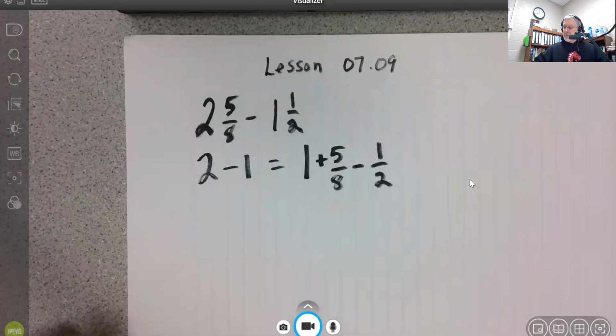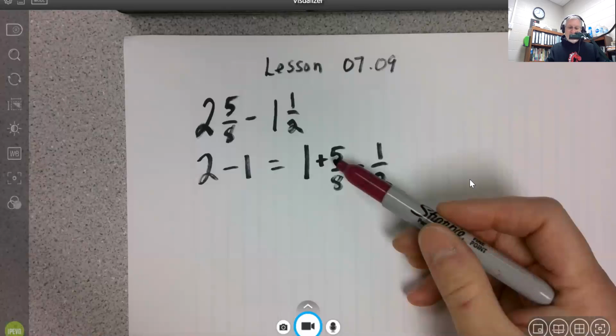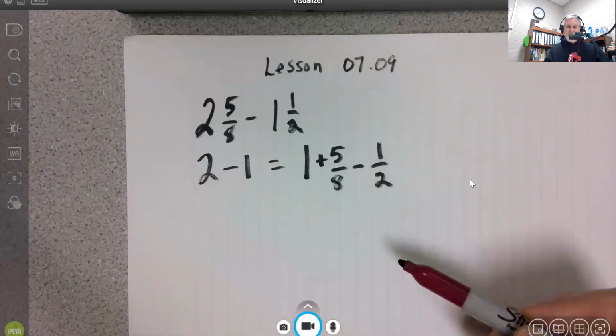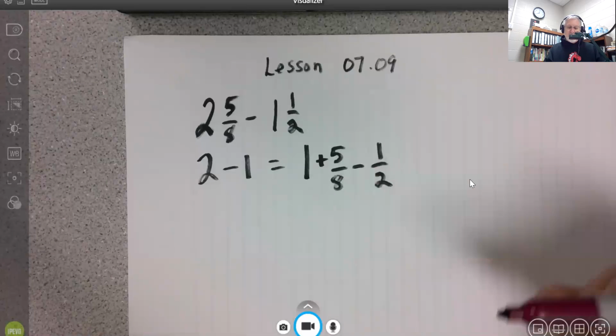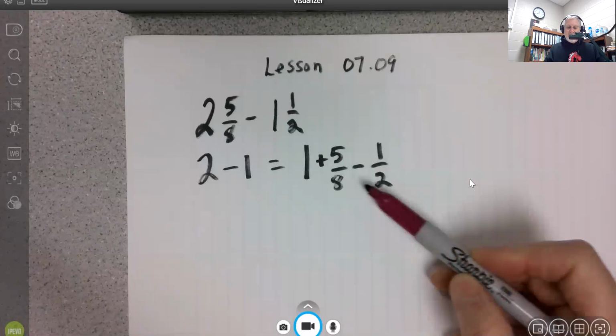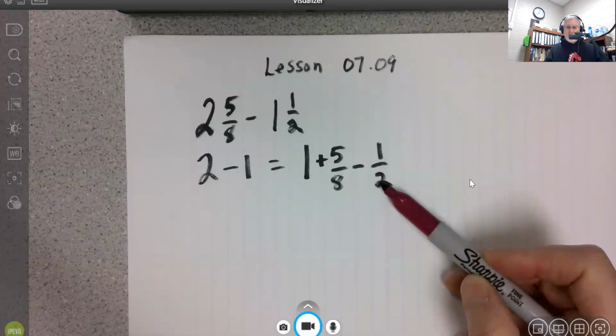Okay, so there are two strategies that I've taught you to use equivalent fractions to find common denominators. One is to take this 5/8 and find equivalent fractions until you have the same denominator. Another strategy is that I know I can multiply by my other denominator.